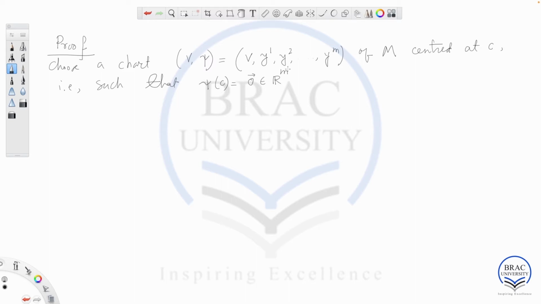This is what we mean by the chart (V, psi) being centered at c in M. Then f is taken to be a smooth map between these two manifolds, and c is a point in M. We know that this is a regular level set of level c.